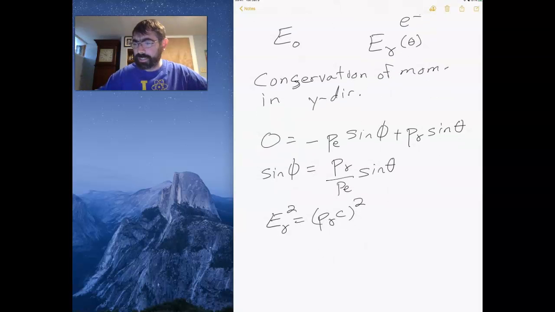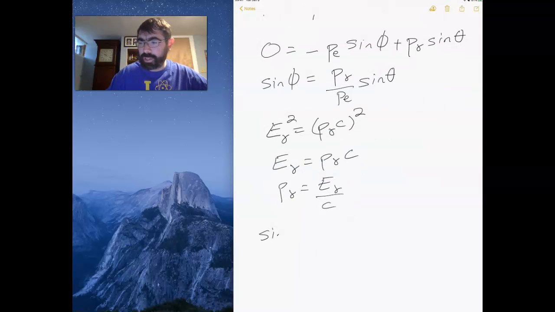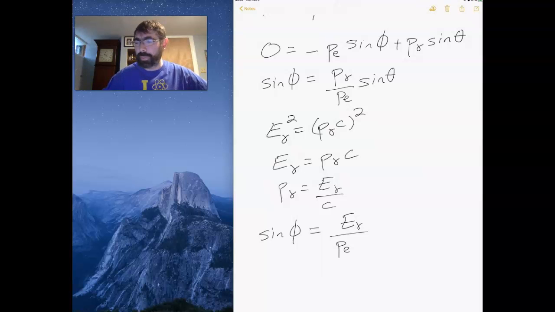So what we get is E gamma is equal to P gamma C. So if we plug that in, P gamma is equal to E gamma divided by C. And so the sine of the angle phi is equal to the photon energy after collision divided by the electron's momentum times C times the sine of the angle theta.